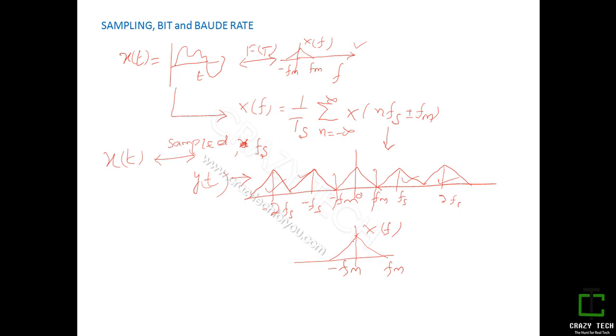Okay, so for any voice signal, the sampling rate, you can see here this total interval is fs.